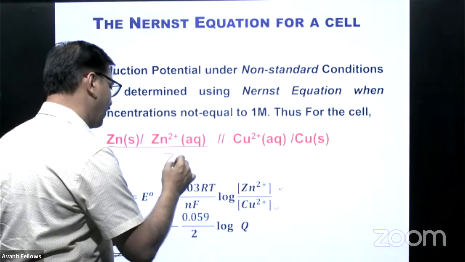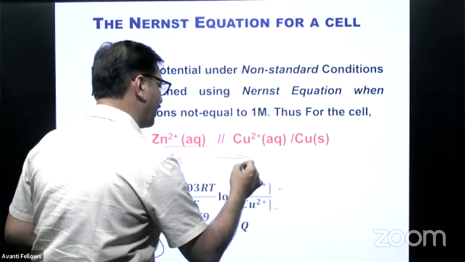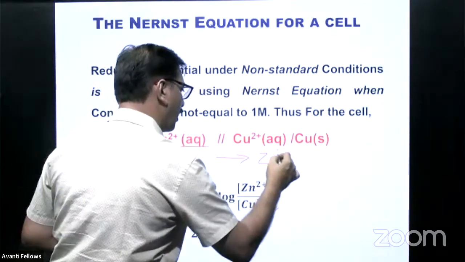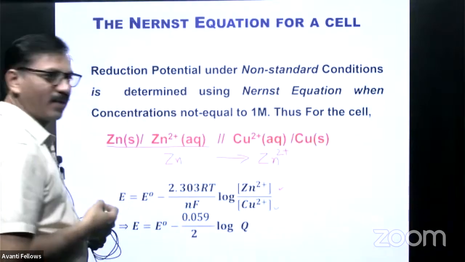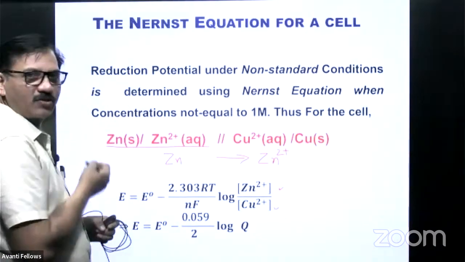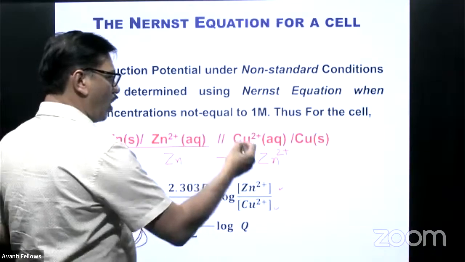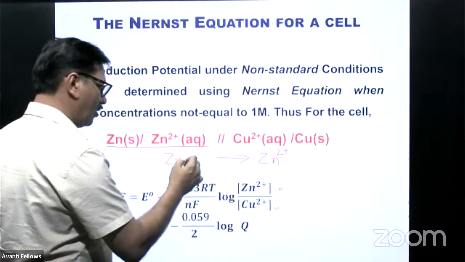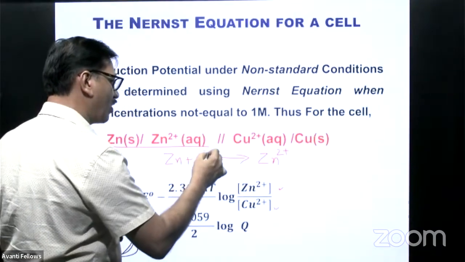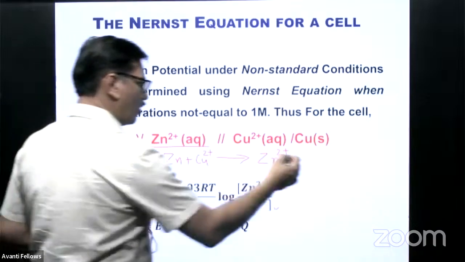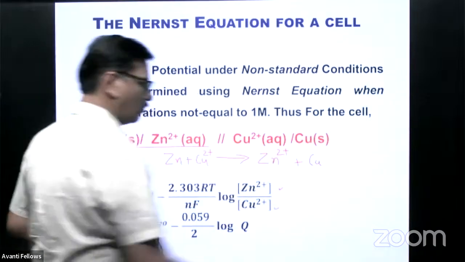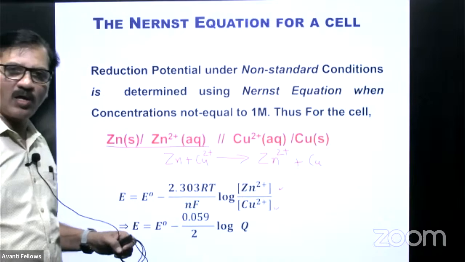Oxidation means zinc is converted into Zn2+ ion. This is oxidation. In the copper half cell, the copper ions give copper metal. This is the overall equation.